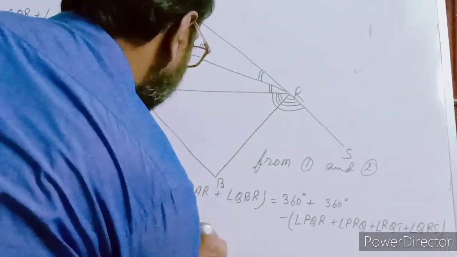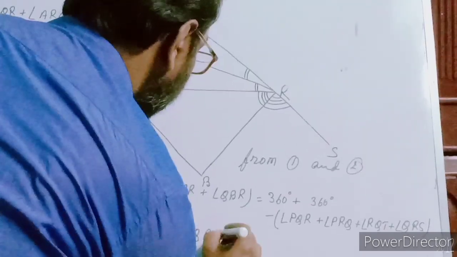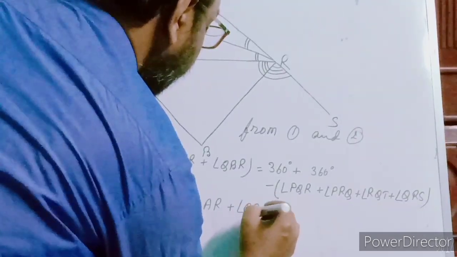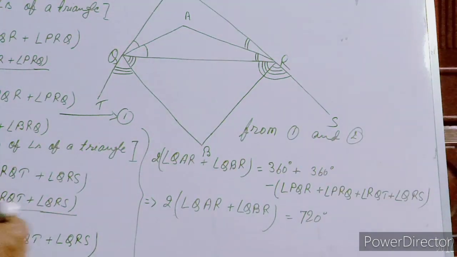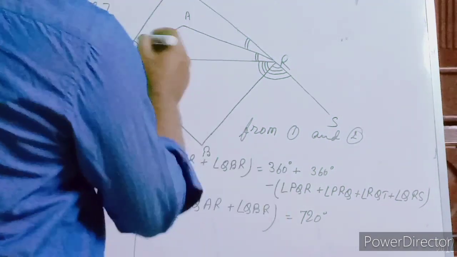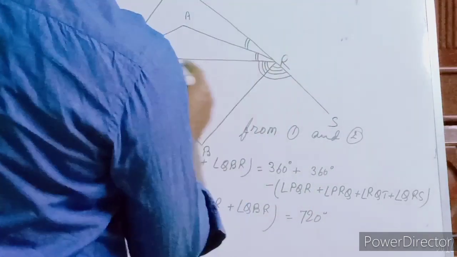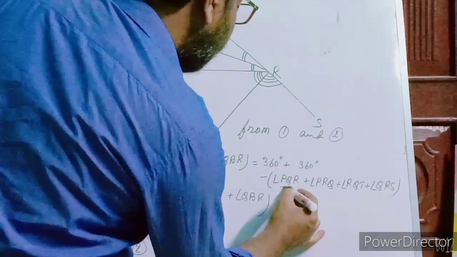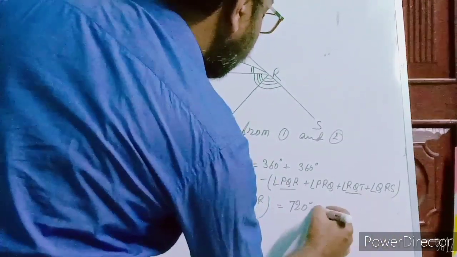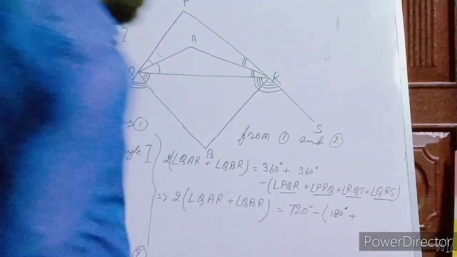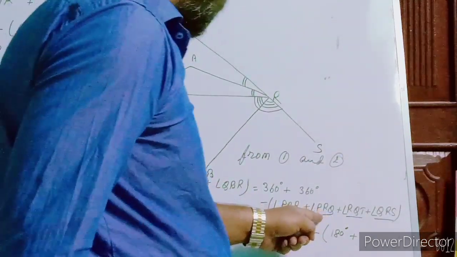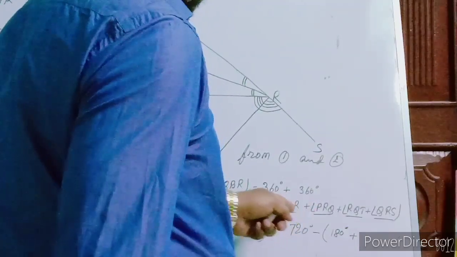Now twice of angle QAR plus angle QBR equal to, this became 720, 360 plus 360, 720, minus. Now mind angle PQR, this angle PQR plus angle RQT, that is equal to 180 degree because straight angle, and the remaining these two are also straight angle, PRQ and QRS.